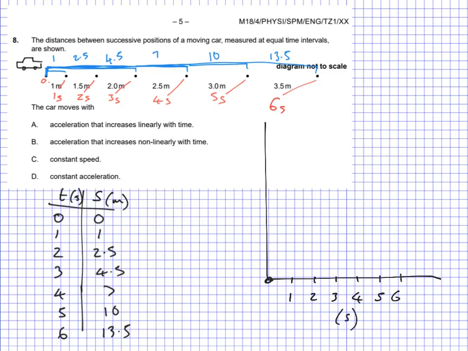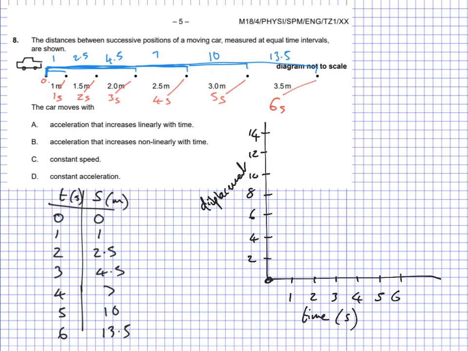These are all in seconds. This is time. And then on the side, we have displacement. And then what have we got? We're up to 13, so something like that, going up in 2s. Just a rough sketch.